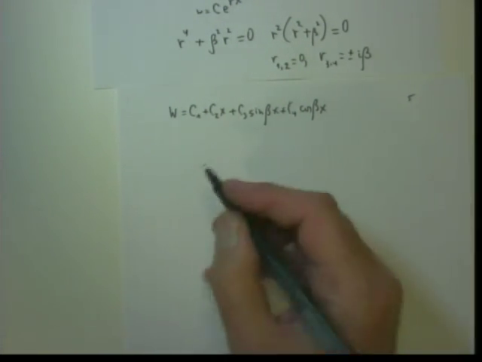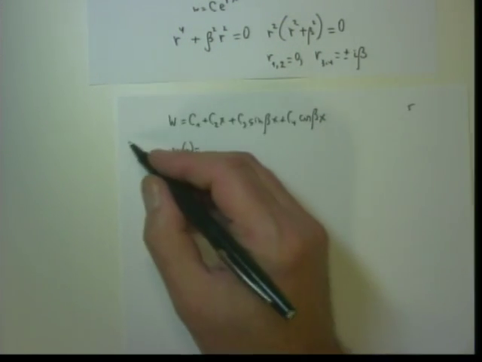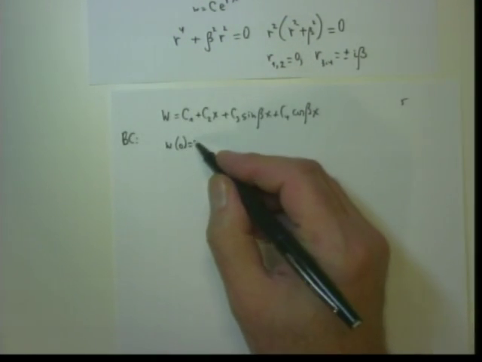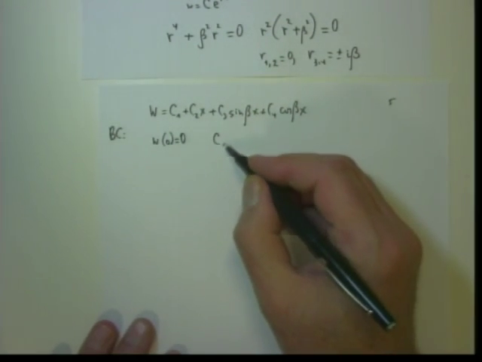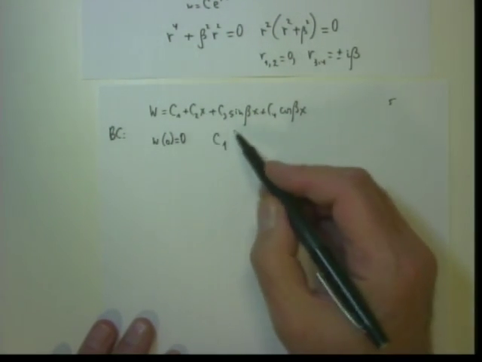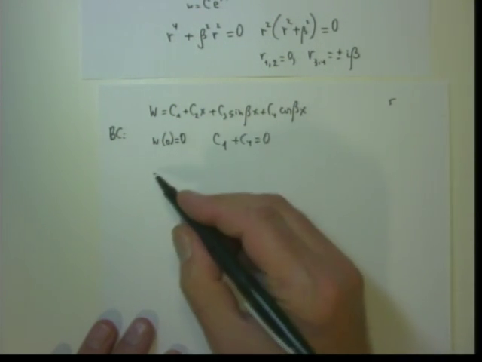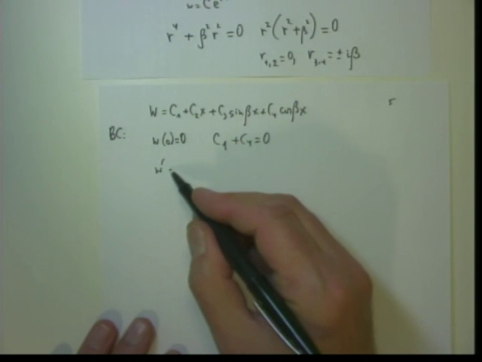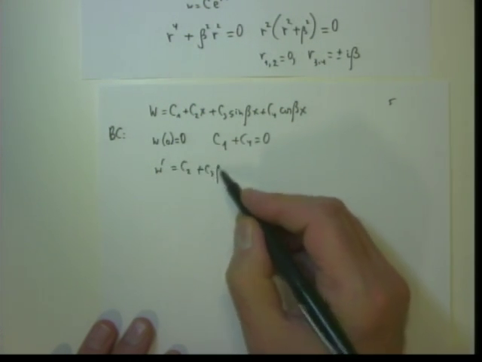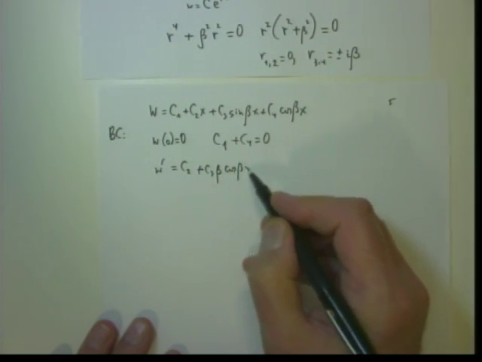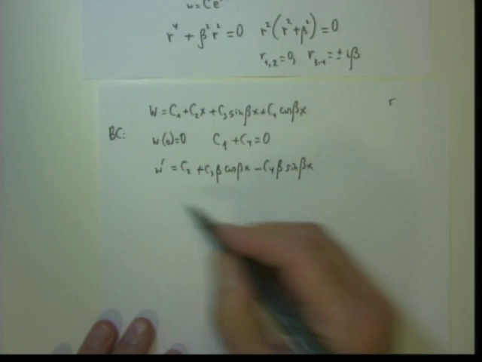Okay. Now I have W at 0 must equal 0, so these are boundary conditions. So we get C1 plus C4 equals 0. Then the first derivative will be C2 plus C3 beta cosine beta x minus C4 beta sine beta x.